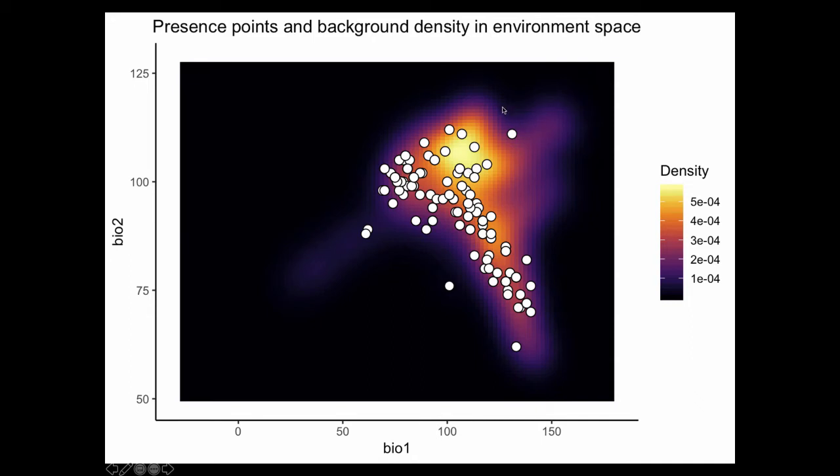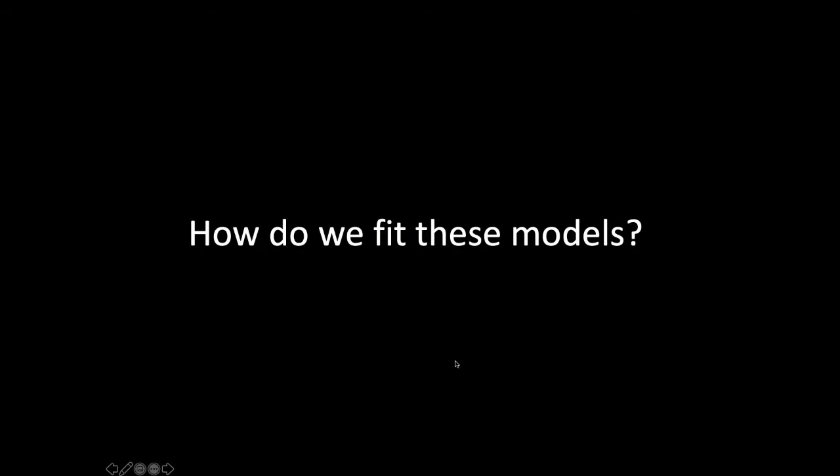So this colored thing is essentially the distribution of the environments in our background. The points represent the occurrences of our species. And we're trying to infer a function that discriminates between the two, a function that will tell us where we're more likely to see our species than expected, given the available distribution of environments. So how do we do that?